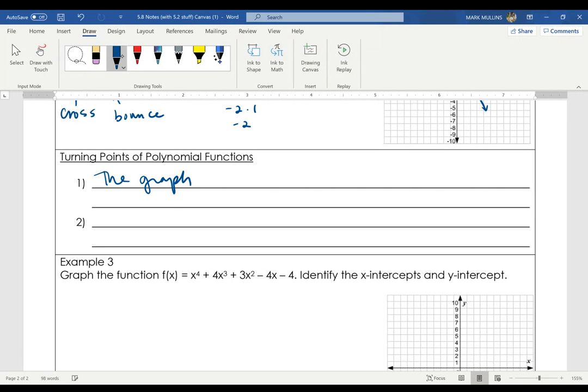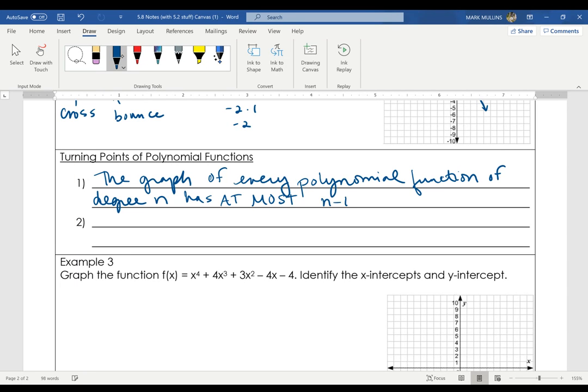The graph of every polynomial function of degree n has, at most, n minus 1 turning points. And that's the pattern we found earlier.